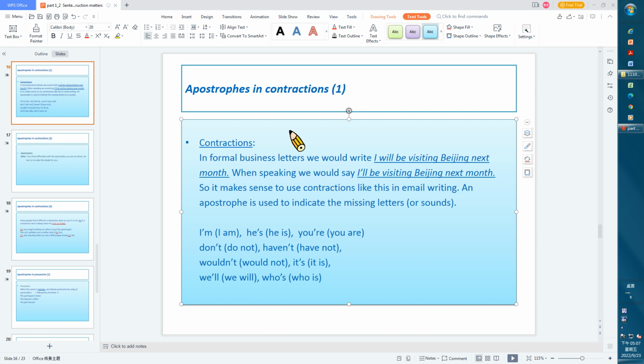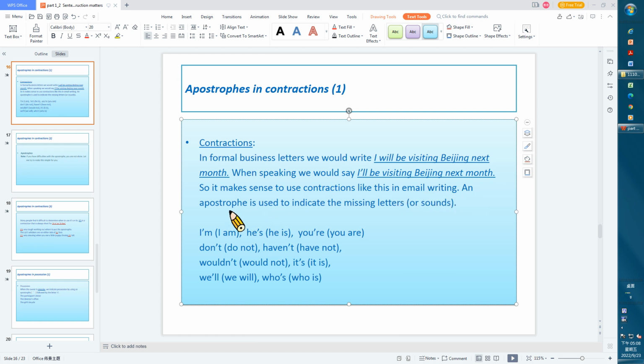Apostrophes in contractions. In formal business letters, we would write, "I will be visiting Beijing next month." When speaking, we would say, "I'll be visiting Beijing next month." So it makes sense to use contractions like this in email writing.